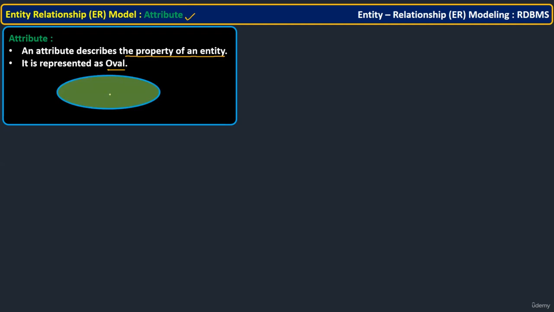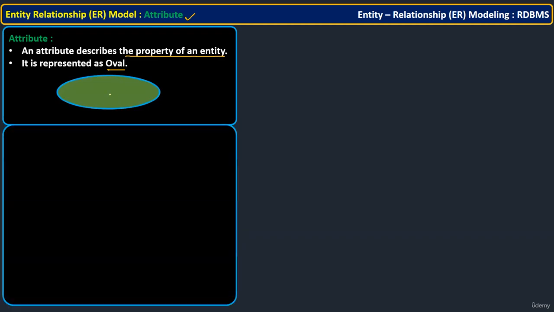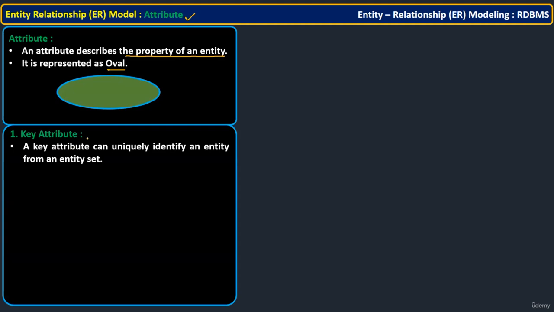Let us see another definition for better understanding, that is key attribute. A key attribute is nothing but the primary key, or if you look more deeply, the candidate key. A key attribute can uniquely identify an entity from an entity set. As we discussed, an entity set is a set of entities, and those we call one table.